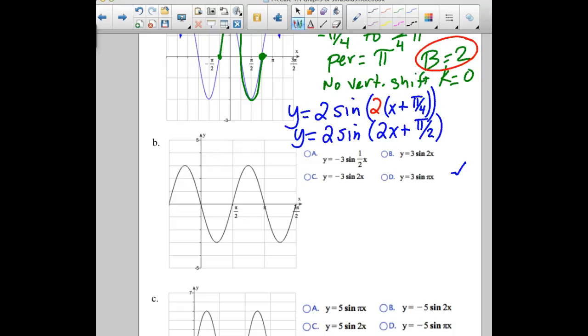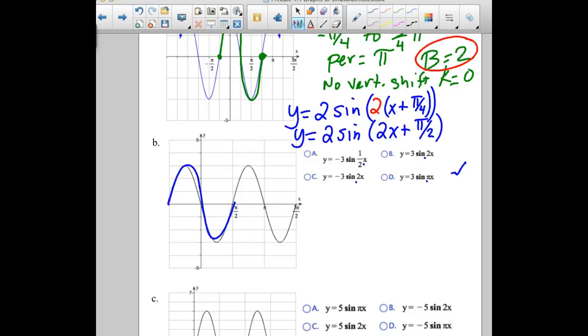All we're doing is identifying a period change because there's numbers in front of X. Okay, so there's a B value that we have to figure out, and there's an A value that we have to figure out. Let's start with A. This is a sine curve, and we said there is no phase shift. So a few of you started to say, yeah, it went left because you're looking at this part.